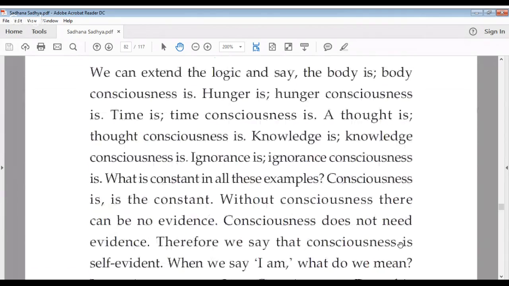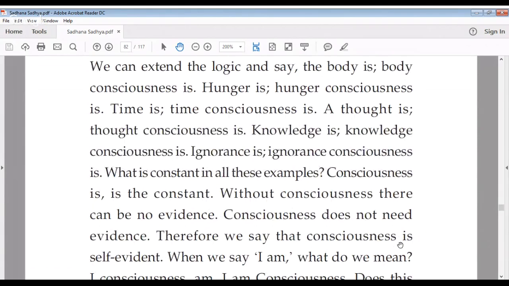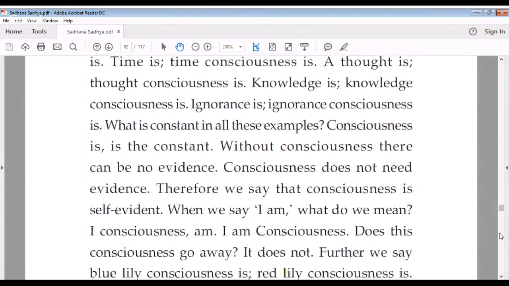We can extend the logic and say the body is, body consciousness is, hunger is, hunger consciousness is, time is, time consciousness is, a thought is, thought consciousness is, knowledge is, knowledge consciousness is, ignorance is, ignorance consciousness is. What is constant in all these examples? Consciousness is the constant. Without consciousness, there can be no evidence. Consciousness does not need evidence. Therefore, we say that consciousness is self-evident.